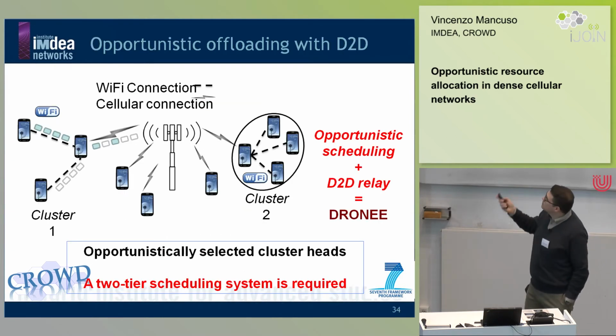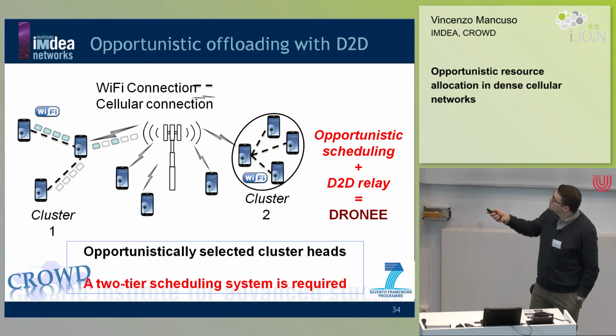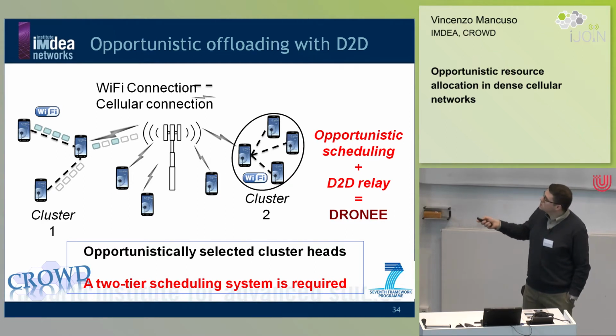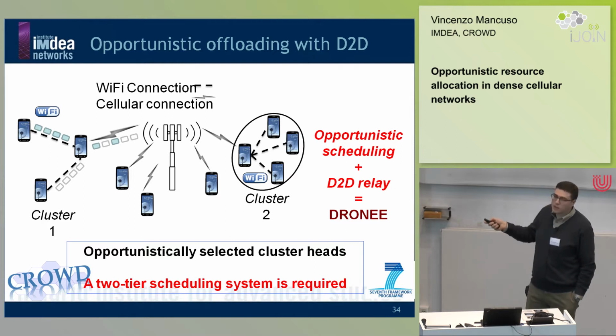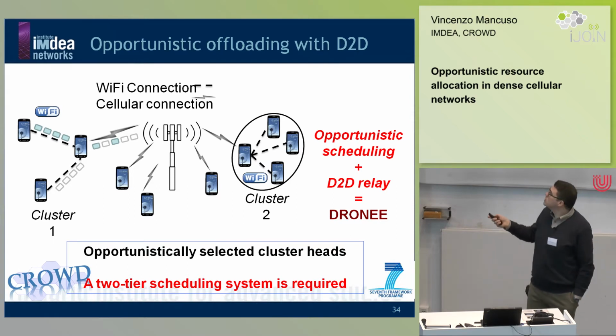One, let me go quick to that, is something like this. We have an LTE base station transmitting to multiple users, and some of these users don't have good channels, so they can cluster together, and they let opportunistically one of the users in the cluster relay the traffic for all the others. The idea is that you switch the cluster head very quickly, every few milliseconds, so that every time you can choose out of these users the one that has the best channel to the base station.